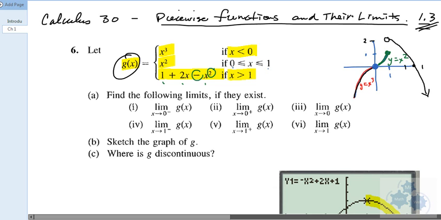Now, the actual question says, find the limits here of g of x, that's this piecewise function, as x approaches 0 from the left. There's a little negative sign there. So as x approaches 0 from the left, here's x coming in from the left. It approaches, look at that. The graph approaches y equals what? 0.